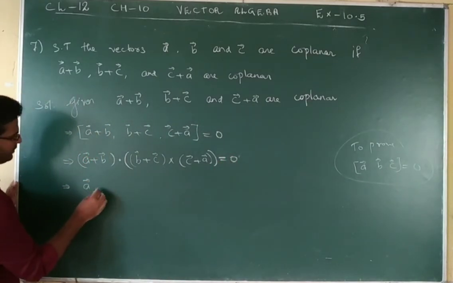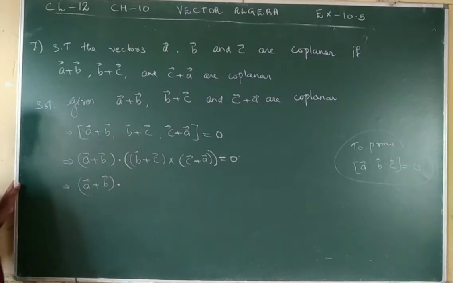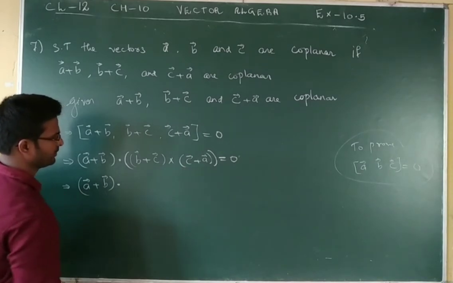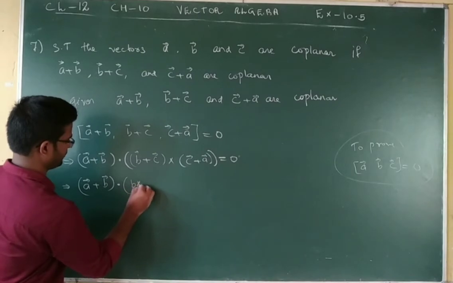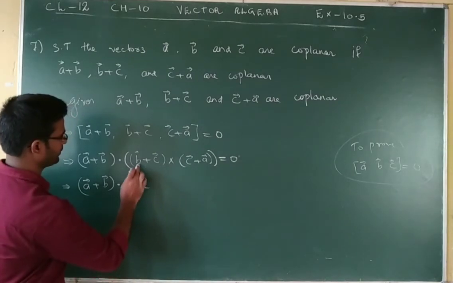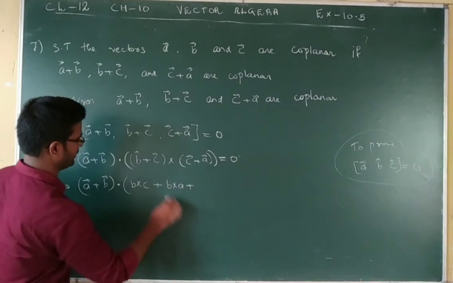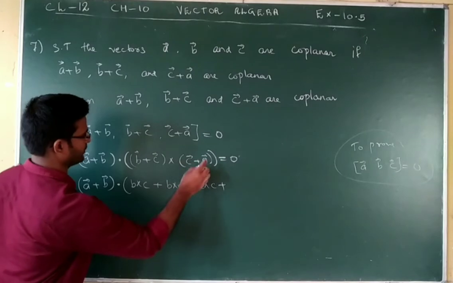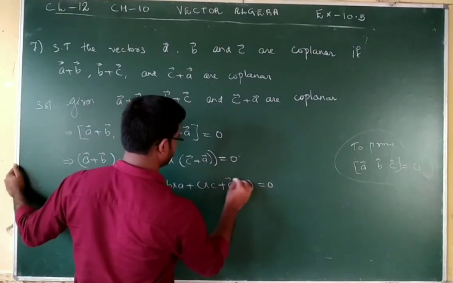Then A vector plus B vector dot, this part we can remove the bracket, B cross C, then plus B cross A, then C cross C, plus C cross A, equal to 0.